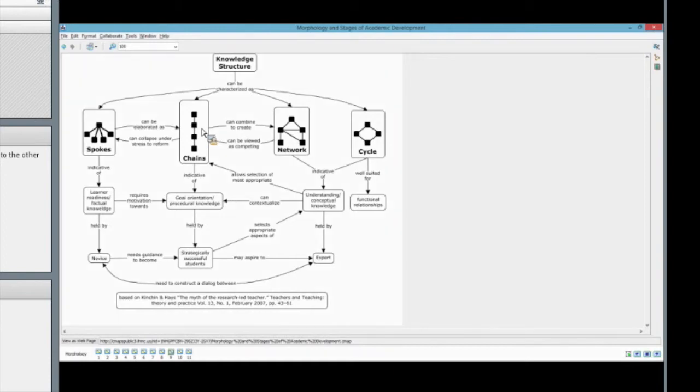What we say typically is held by strategically successful students. What we really want to push those students to is this network version, what you just saw in that second to the last map. You can see there's not only branches, but those branches have connections between them. And that's the key.